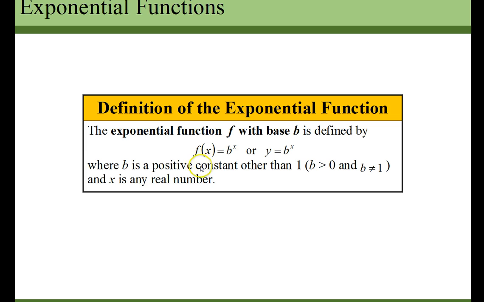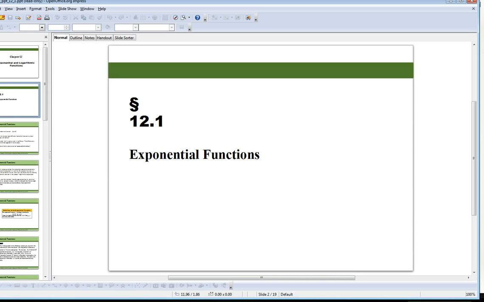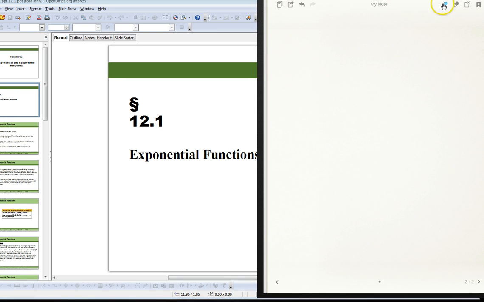Okay, so let's just talk about a couple of characteristics really quickly, and these aren't featured in any of our slides, so I'll make some notes here for you on our special little paper. First of all, I'd like you to get a little bit familiar with what it looks like when you try to evaluate an exponential function. So let's take something like 3 to the x. Sorry about my slanty writing.